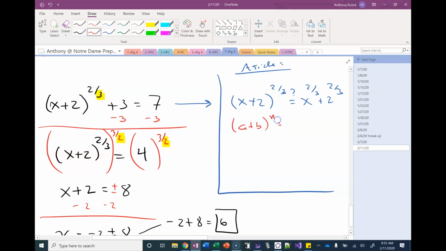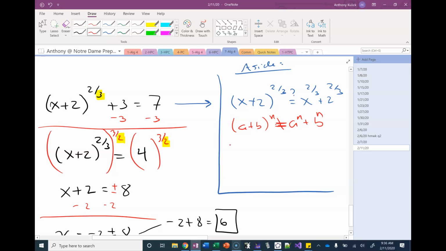So, in general, that is not true. In the business, we refer to this as the freshman's formula because it's a silly mistake that untrained mathematics students make, aka freshmen.